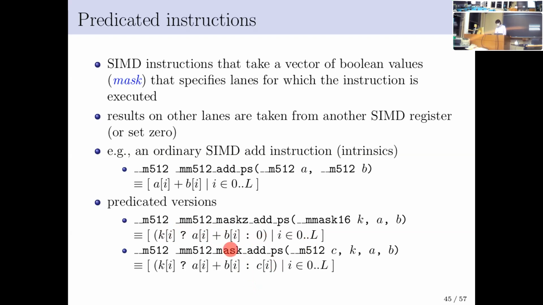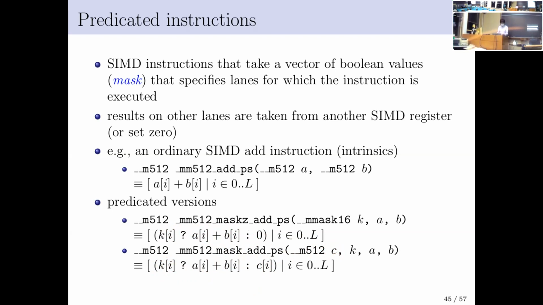In the last version, for lanes specified not to execute, the value is taken from another register c. In this way, you can execute a particular instruction only on a subset of lanes.